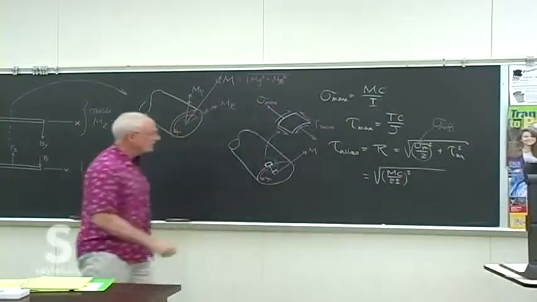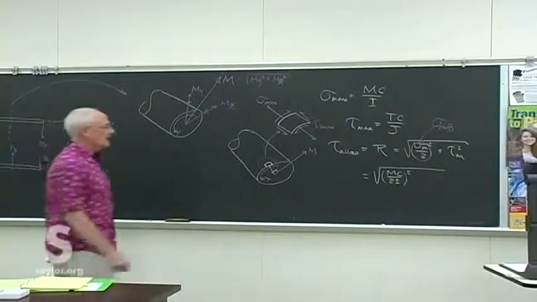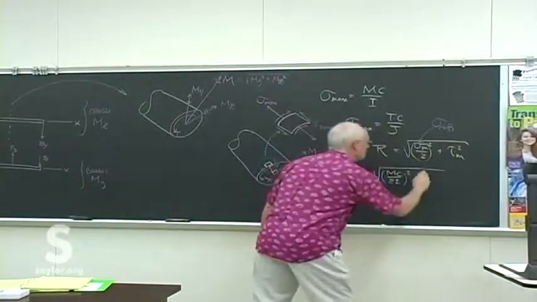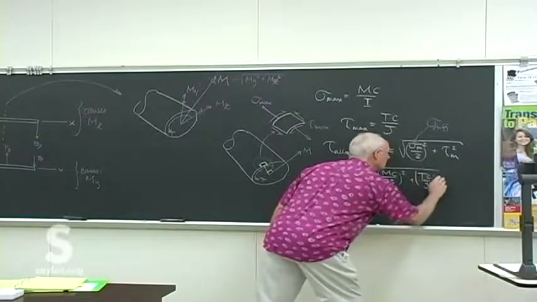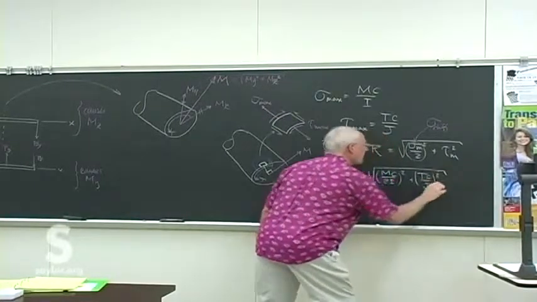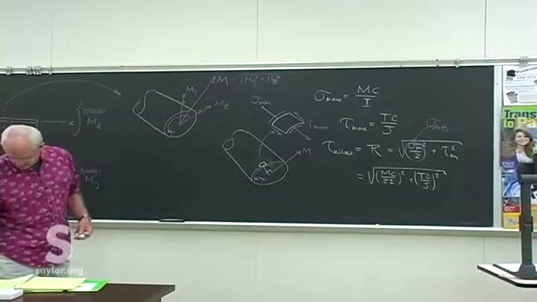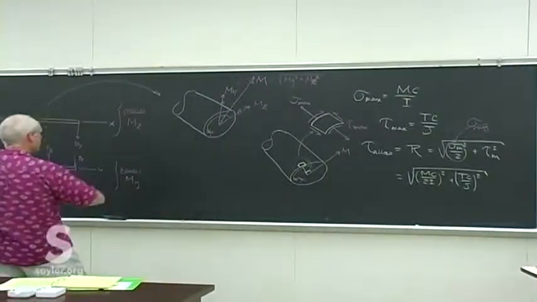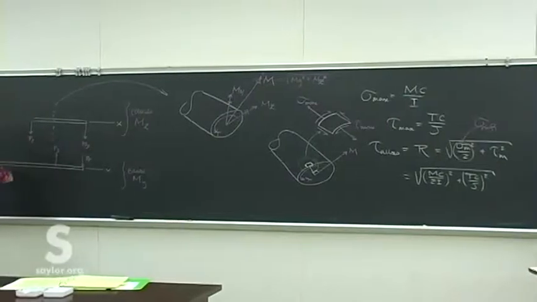That 2 on the bottom is from the sigma diff over 2 that we had for the radius, and the TC over J, also quantity squared. And so we relate that to the allowable shear stress. We're almost ready.